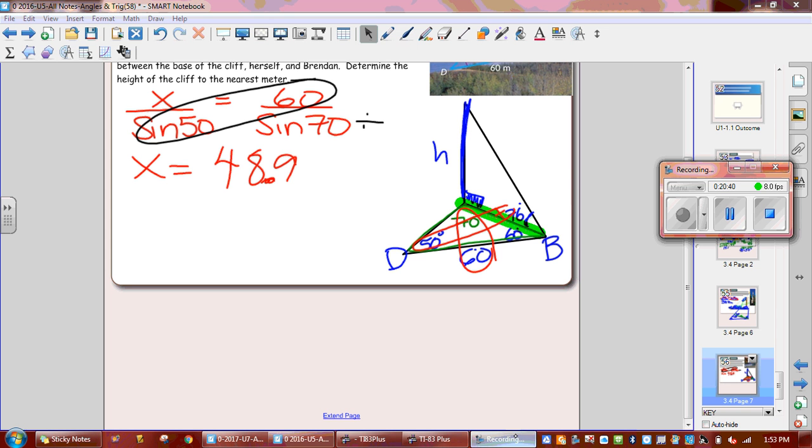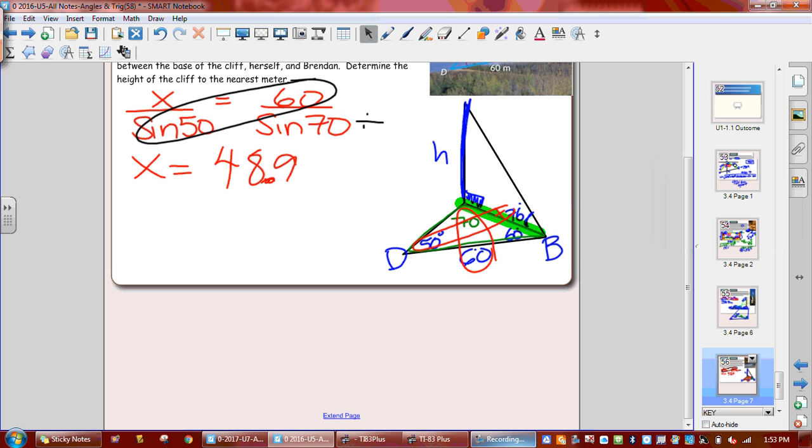So we do get 48.9. So that's this one. I'm just going to redraw the triangle with the height that we're looking for, H. We just found the bottom number, 48.9.